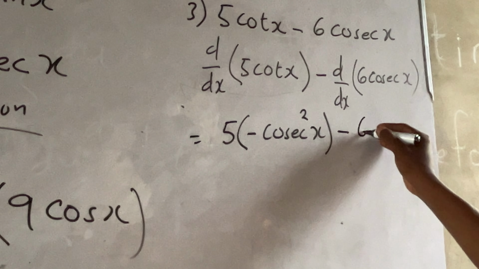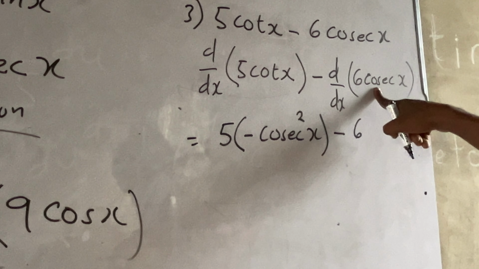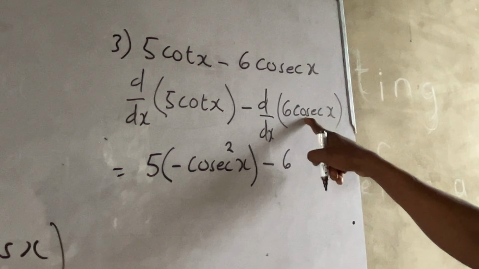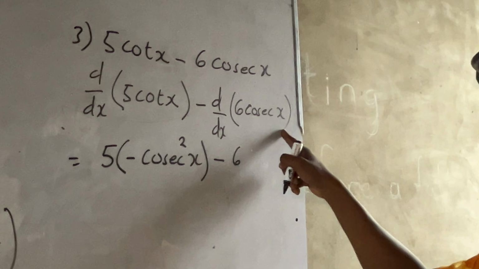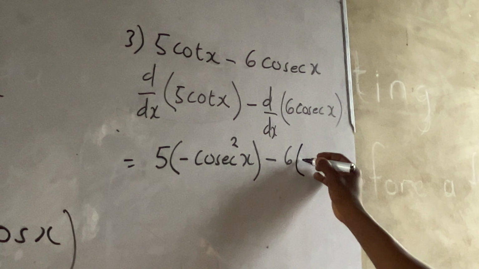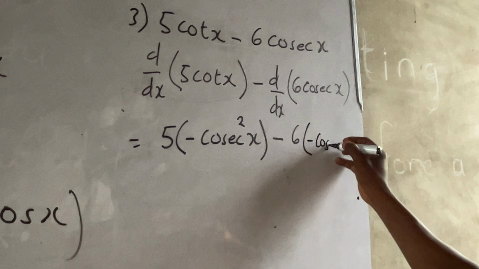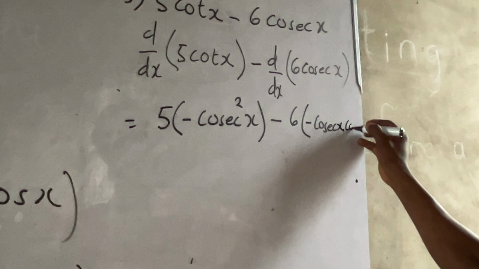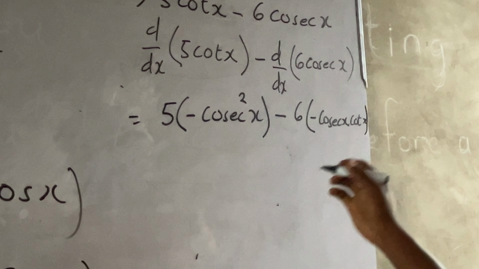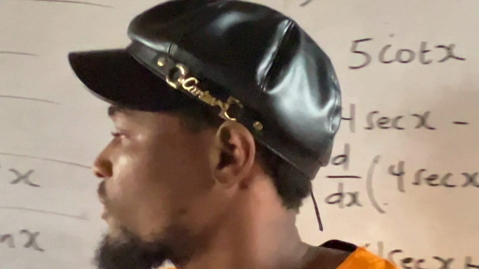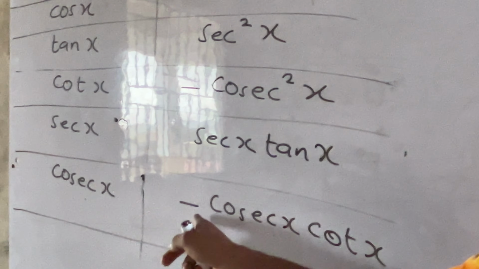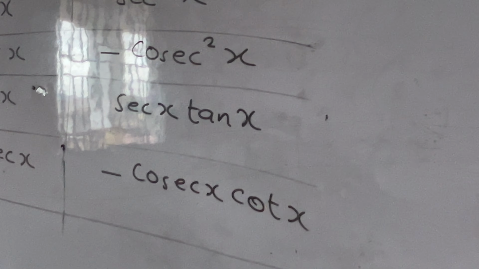What do I have? I have 6. Then when you differentiate cosec x, what do you have? You have negative cosec x cot x.